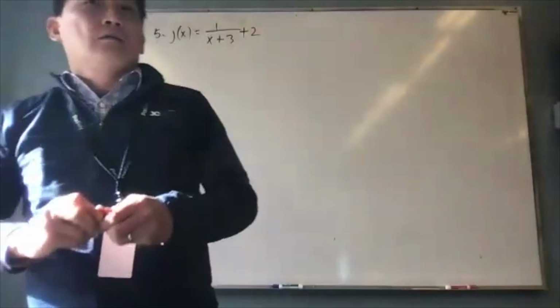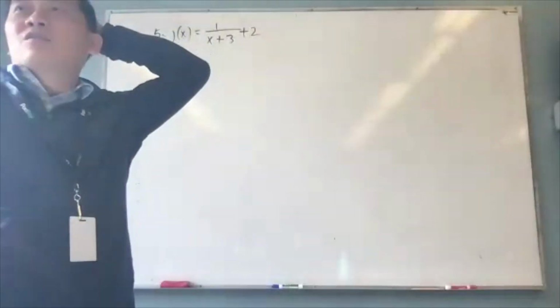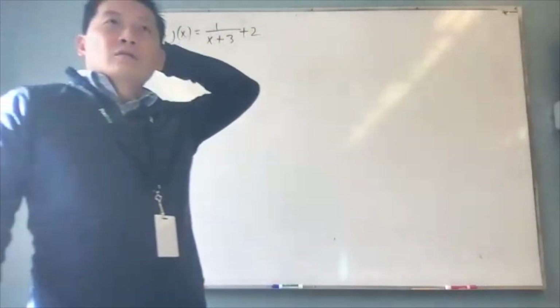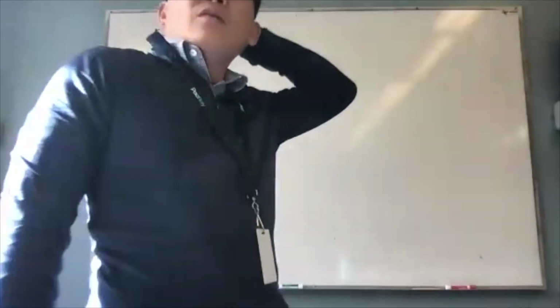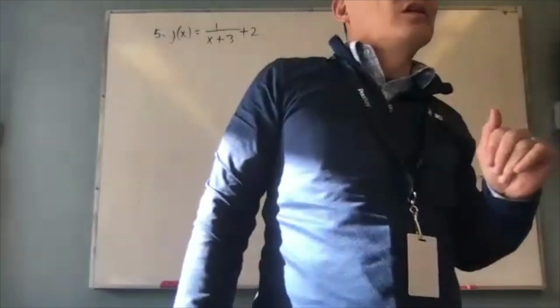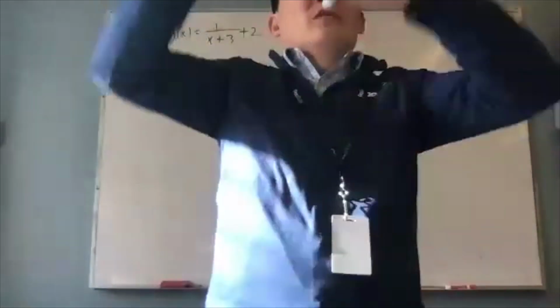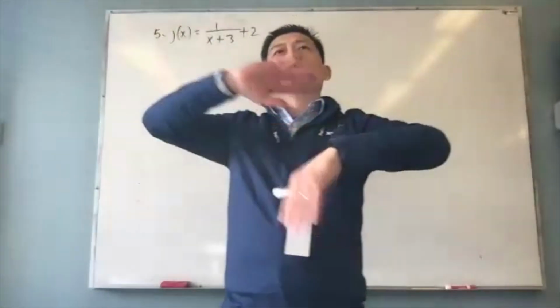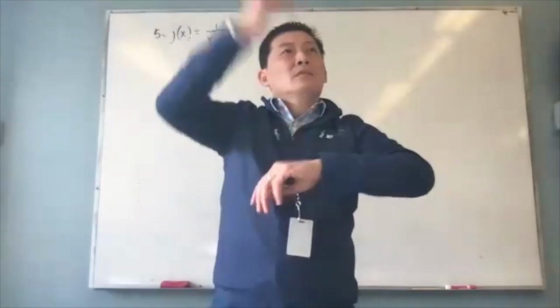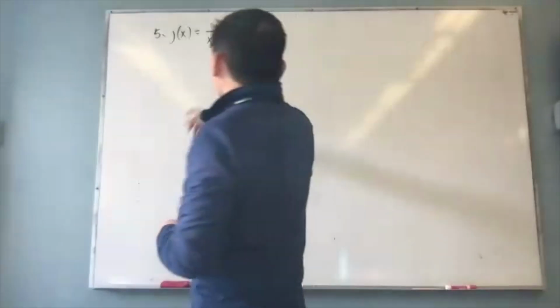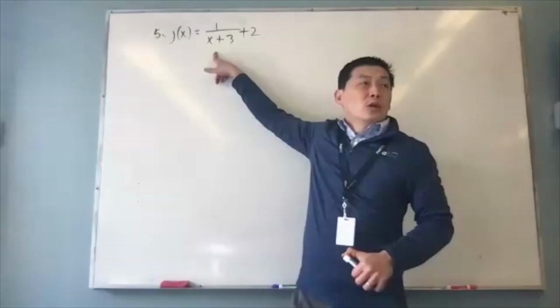We know that this is a reciprocal function. Make sure you remember the term. Reciprocal means move up and down. This has to do with x going to the bottom. That's why we call it a reciprocal function. So x is in the denominator.